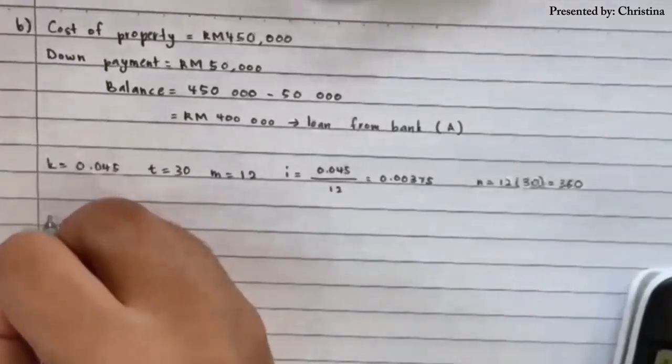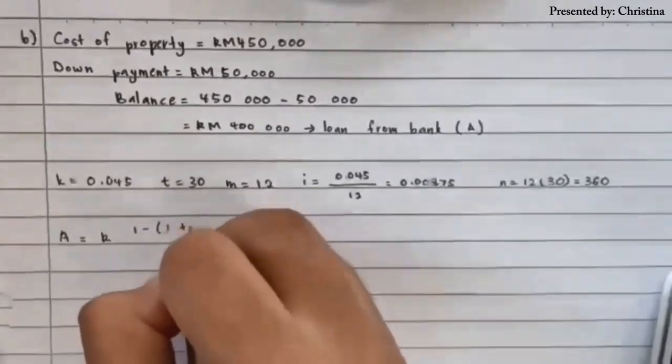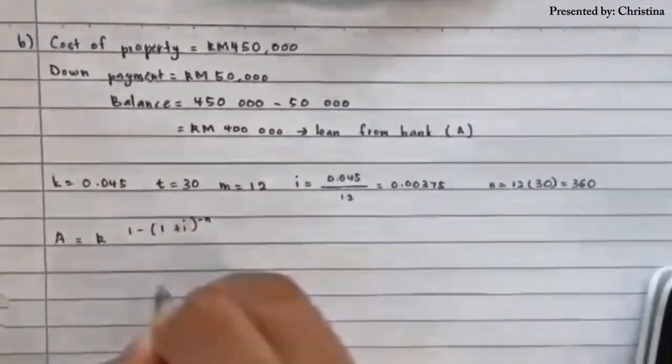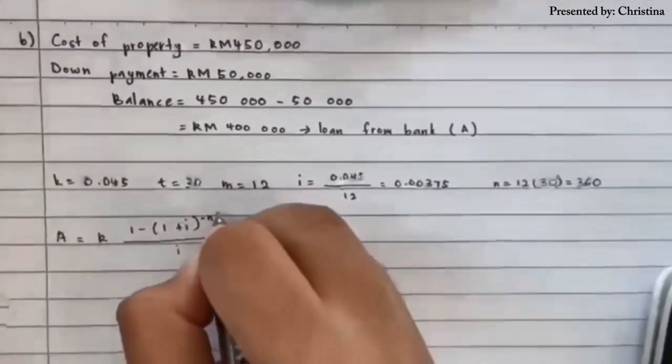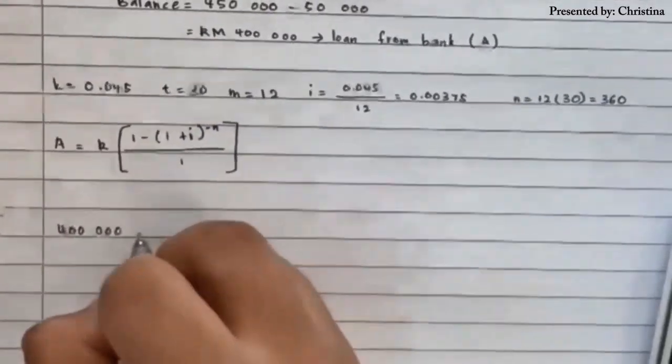Next step, we calculate the monthly payment and we use the formula A equal to R. Then we move the numbers in.